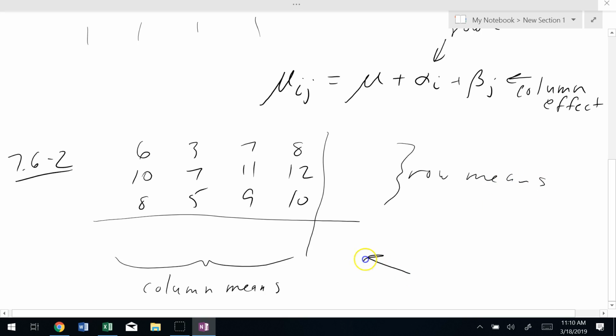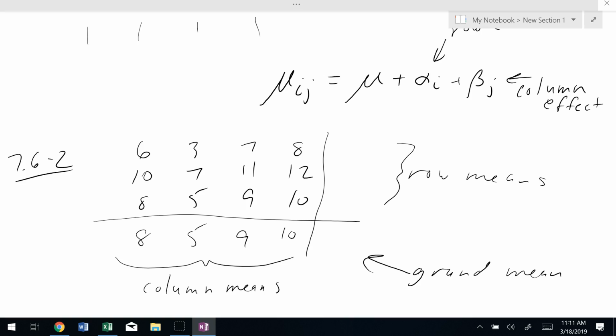And we'll put the grand mean down here. The column means are pretty easy to do. That's 8. This one is 5. This one is 9. This one is 10. They made the data spread out nicely so you can do it pretty quickly.